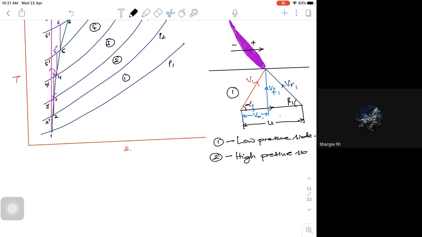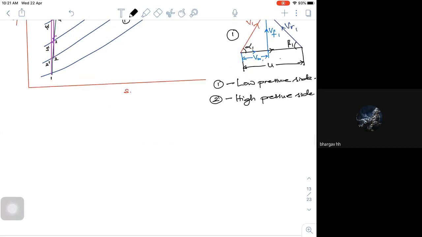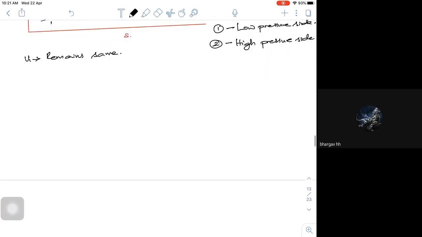Now, is it possible? As my U remains the same, I can draw the combined velocity triangle. I will draw a combined velocity triangle with the common U like this.